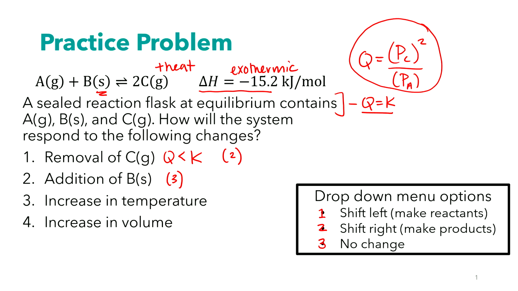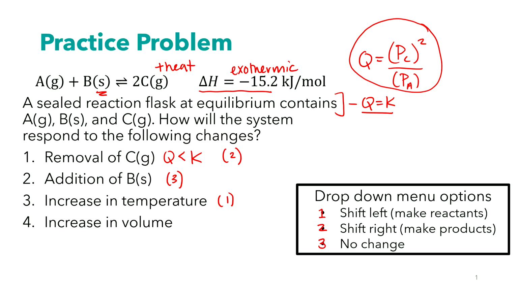So in this sense, we are adding product. So we're going to force the system back towards the reactants. So that's a shift left. Okay, that one is a little bit different because, of course, K is actually changing, but K changes in a way that we're going to make more reactants. So we'll still talk about it as a shift left.